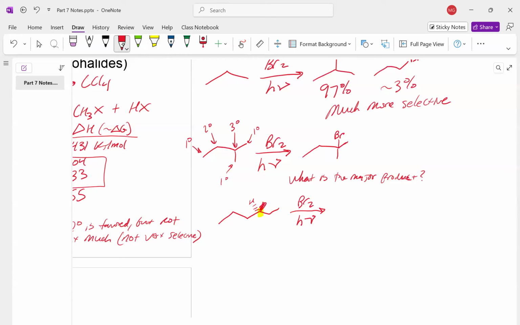But not only that, what else do you notice about it? It's chiral. So what role does that play in how the product looks? Well, let's just look at a small part of the mechanism for this. So bromine radical gets formed here. And so we're going to extract this hydrogen to make the tertiary radical.